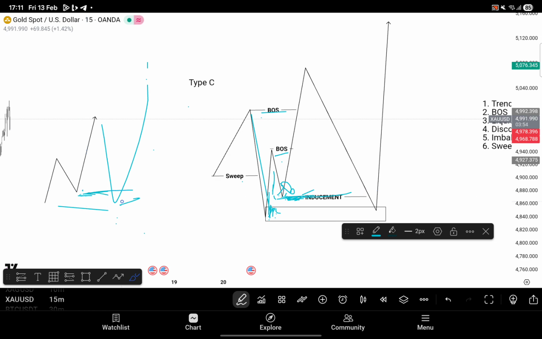So sweeps of liquidity are basically former strong lows or former strong highs. That's the meaning of sweep of liquidity. I believe this explained all of that, so let's jump on the chart and check all these things out.